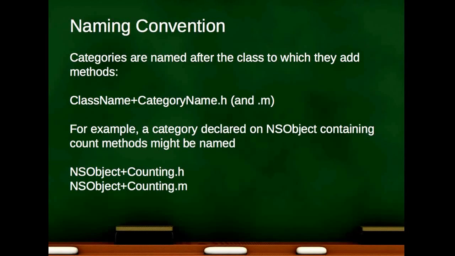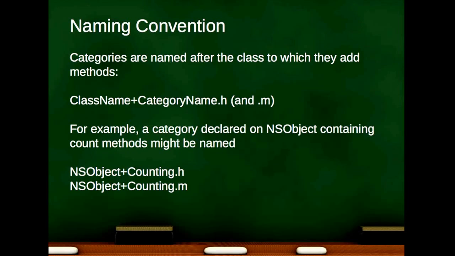It'll be the class name, NSObject, NSString, one of your class names, and so forth, plus, and that is actually the plus symbol, and then the category name, .h and .m. For example, a category declared on NSObject containing counting methods might be named NSObject+Counting.h and NSObject+Counting.m.